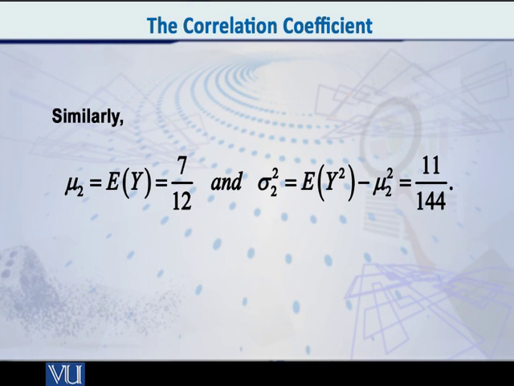For this one you will use the joint PDF, and the expression will be as follows. The integral from 0 to 1 and then another integral from 0 to 1 of xy into f of xy with respect to x and with respect to y.